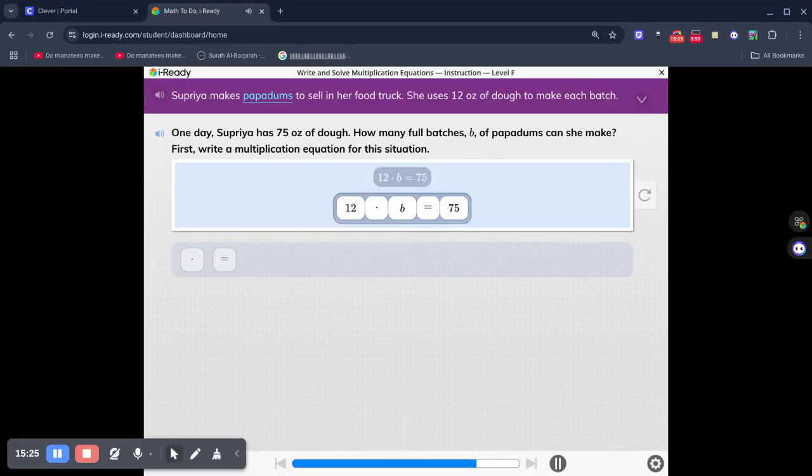That's right. You can also write it as 12B equals 75.